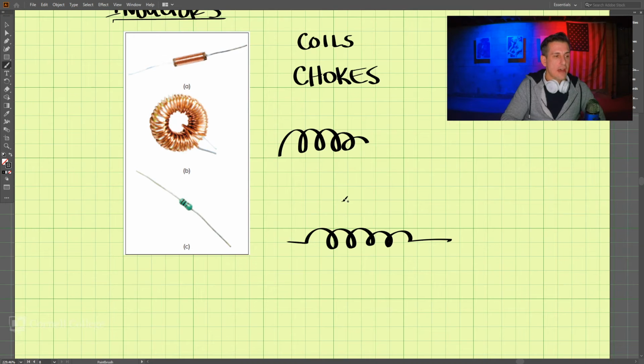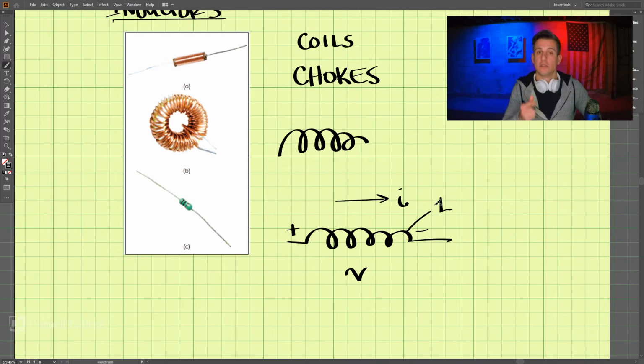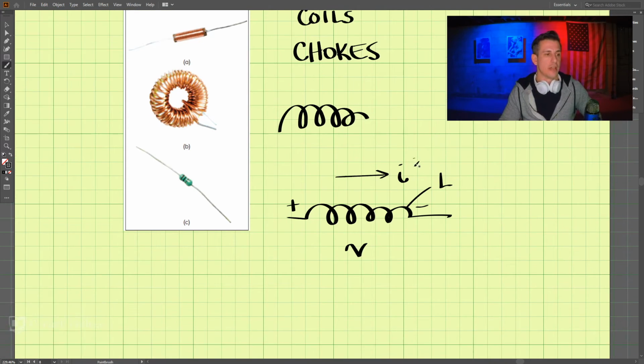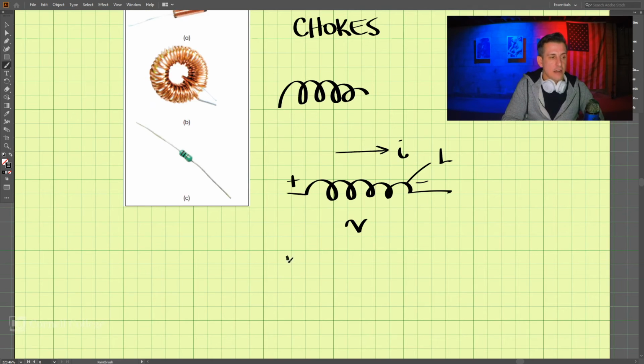We have a certain amount of current, I, and we can label the voltage across here as V. And this is the inductance, which we label with the letter L. The voltage is equal to the inductance times di dt.